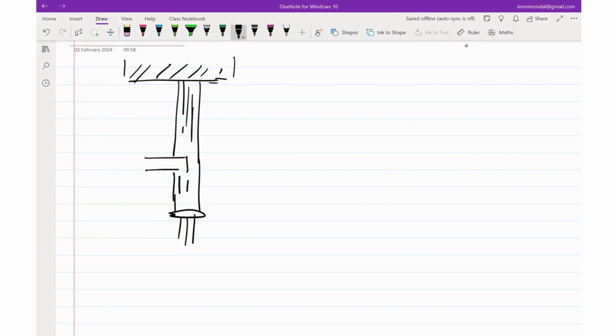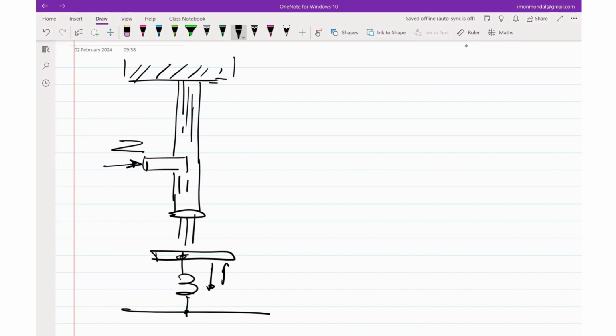So let's say this spring is connected like this. And depending upon how much water flow you have, this platform can move up and down. And the water flow essentially is being controlled by somebody who is moving this piston horizontally.